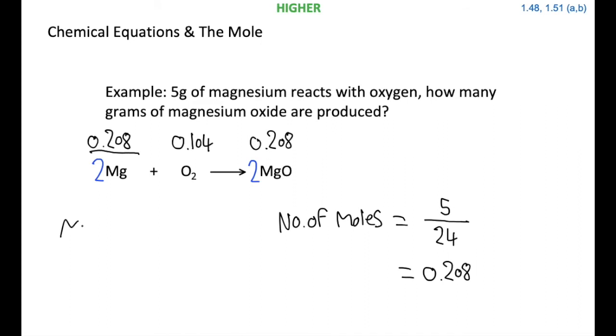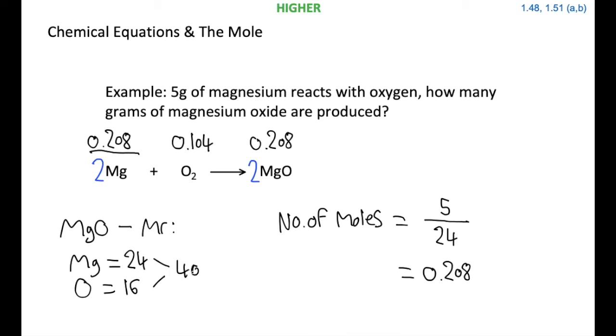And magnesium oxide is made up of 1 magnesium and 1 oxygen: 24 plus 16, that gives us 40. The relative formula mass of magnesium oxide is 40. 1 mole of magnesium oxide weighs 40 grams.